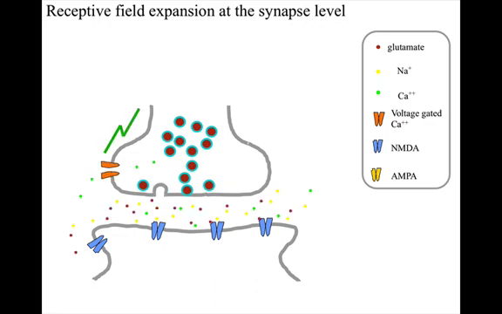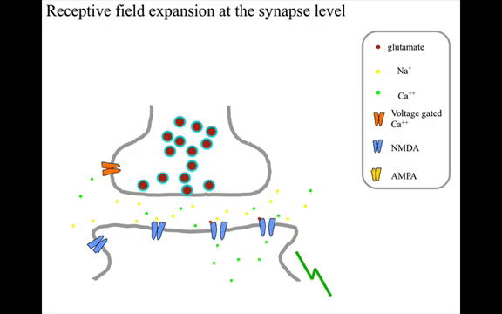When an action potential arrives from the presynaptic neuron, the presynaptic calcium channels open, triggering release of glutamate into the synapse. Glutamate binds to some of the NMDA receptors, but they're blocked by the magnesium. If the NMDA is still bound to glutamate when a back-propagating action potential arrives from the soma, the magnesium block is removed.